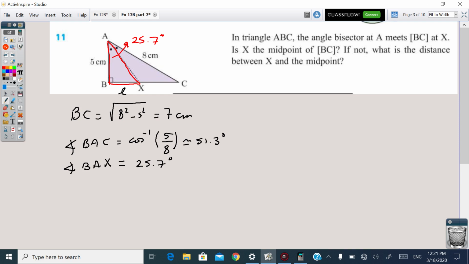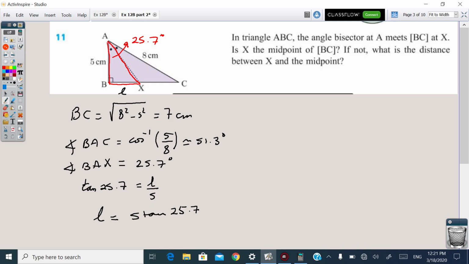So tan 25.7 is equal to L over 5. Therefore, L is equal to 5 tan 25.7.